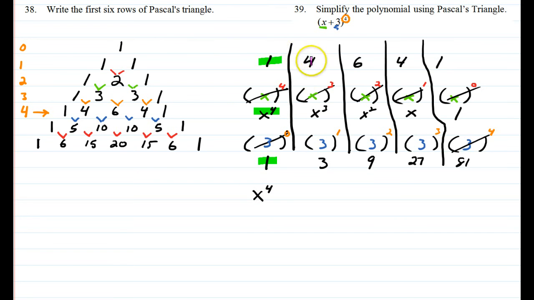Just multiply 4 times x cubed times 3. So 4 times 3 gives us 12. So it's going to be a positive 12x to the third. So now do 6 times 9 is 54, x squared.